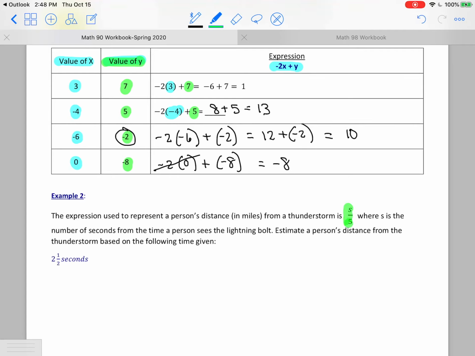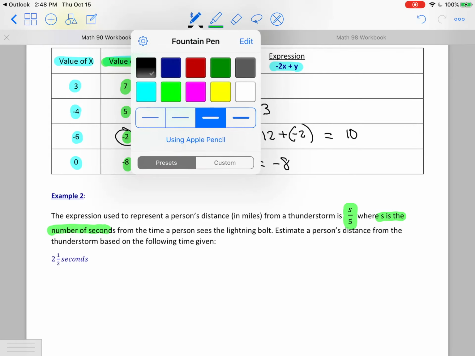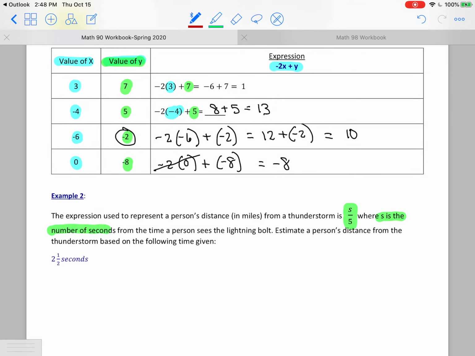So this is our expression, s over 5, where s is equal to the number of seconds from the time a person sees the lightning bolt. Estimate a person's distance from the thunderstorm based on the following time given. I like to always go back and underline what I'm really looking for.